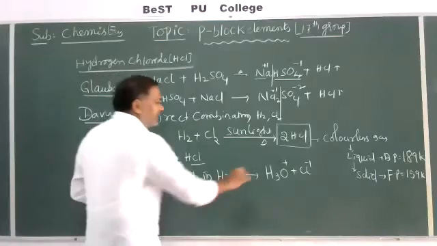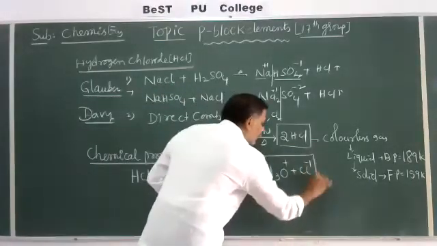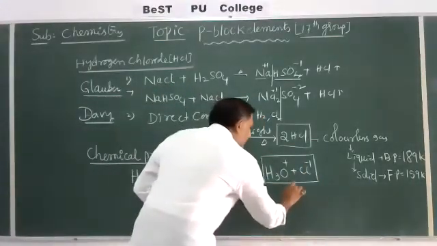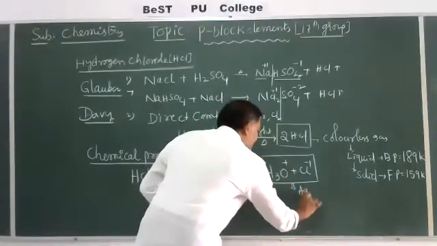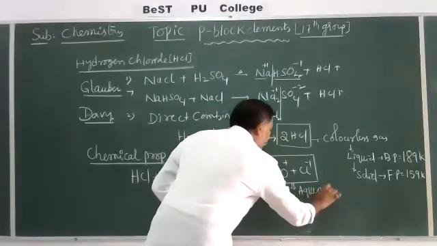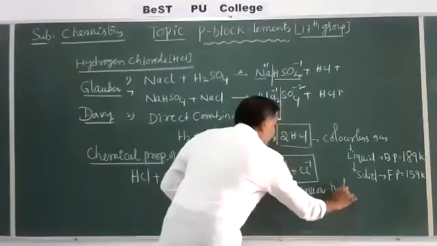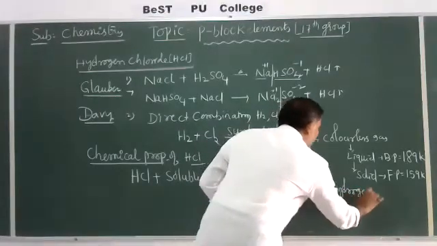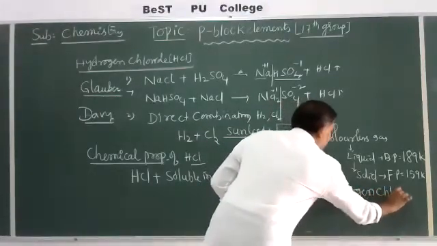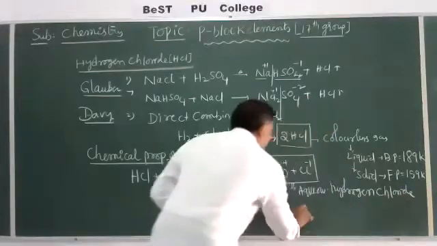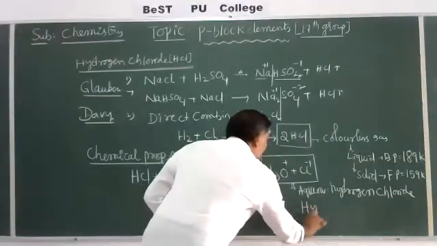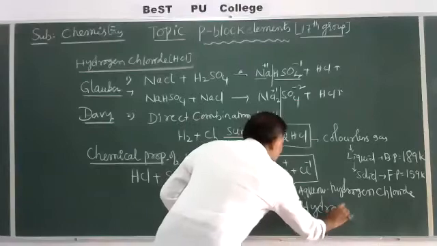This is the solubility. Now this is called aqueous hydrogen chloride, and it is called hydrochloric acid.